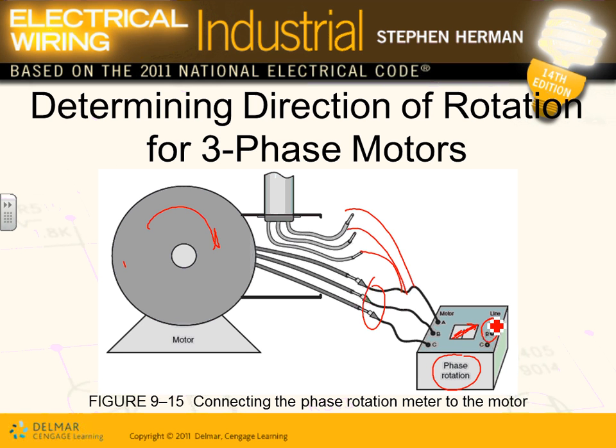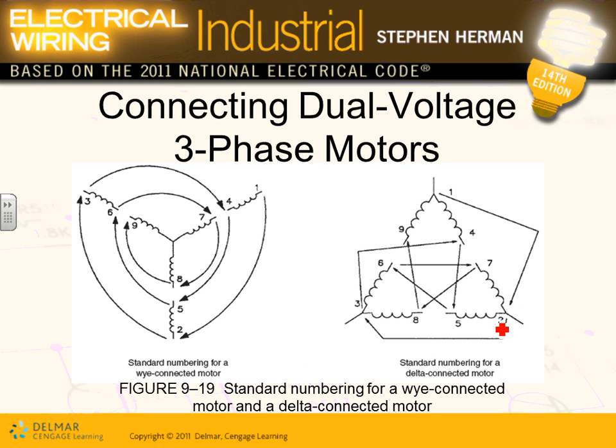Connect it to the machine rotator. It's going this way. Then you connect the lines to the line side right in here, and if it gives you the same rotation, good. If it doesn't, just flip two phases. Instead of connecting this line to here, you connect this line to here, to B. So that's your rotation.